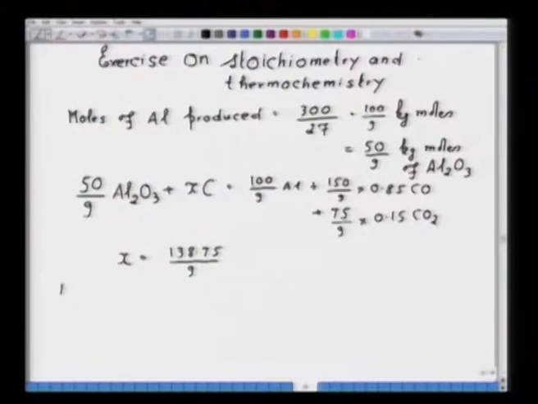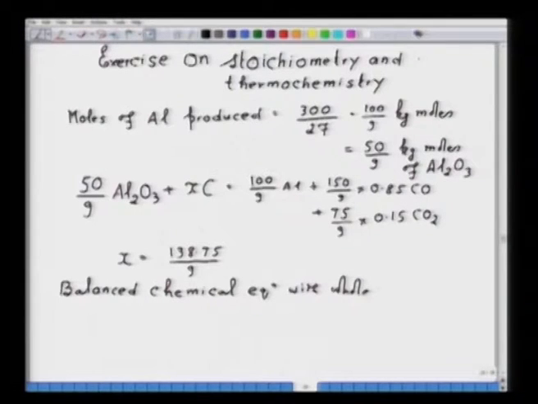I am writing the answer, which is the balanced chemical equation with whole numbers. Mind you, you are not required to round off.